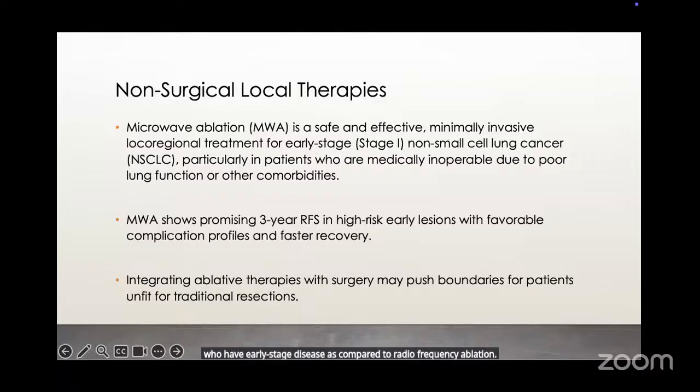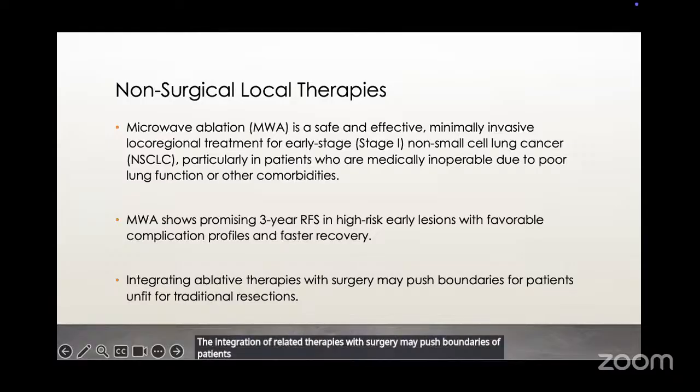It's shown that microwave ablation is showing promise in a 3-year risk-free survival in high-risk early stage lesions with favorable complication profiles, and it also shows a faster recovery. The integration of ablative therapies with surgery may push boundaries for patients unfit for traditional resections.